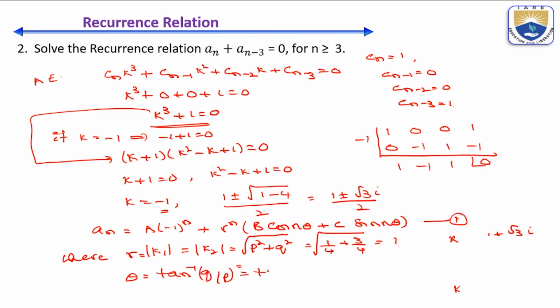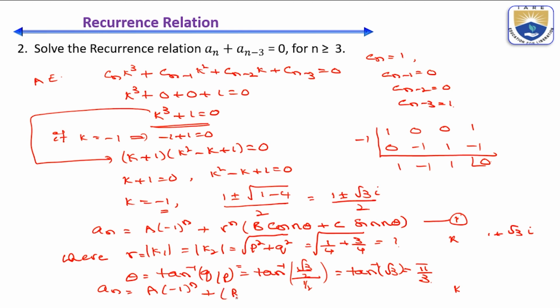So tan inverse of root 3 by 2 divided by 1 by 2, which is nothing but tan inverse root 3, which is nothing but pi by 3. So the solution we are going to write as a_n is equal to a into (-1)^n plus r, where r is 1 to the power of n, which is nothing but 1.